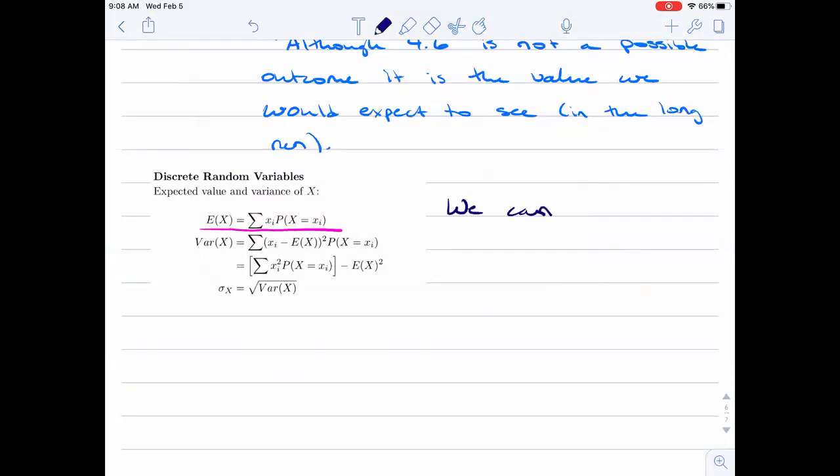We can write the expected value of x is the sum of each of the xi's times the probability that x equals xi. That's what we did, right? We took each of the outcomes, multiplied it by its probability, and then added those all up.